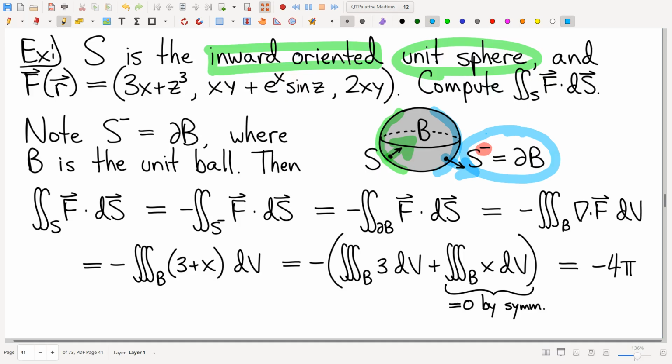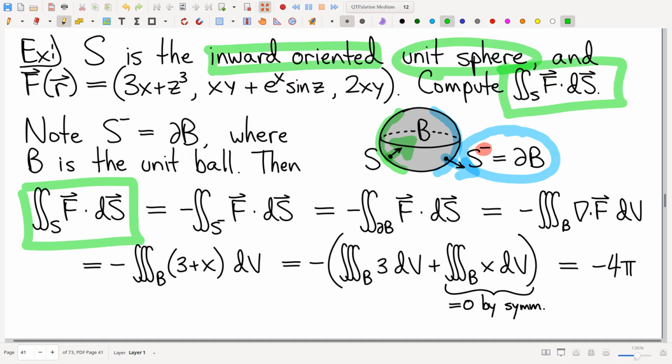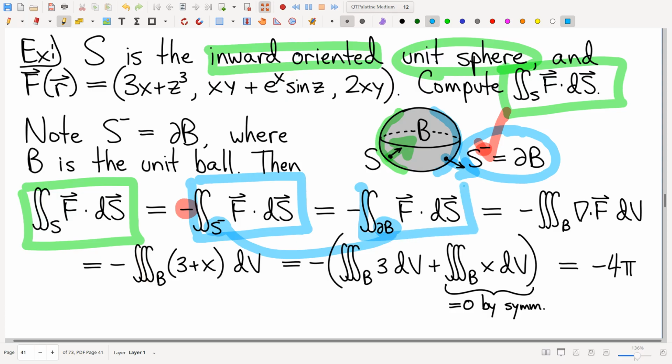So all I have to do is recognize that the flux that I want, that's the flux that I was asked for, is just the negative of the flux through S minus, which of course is a boundary flux. Now let's take a pause, make sure everybody's happy with this. Is that cool? Everybody good with that?